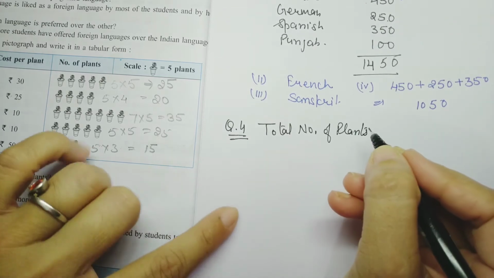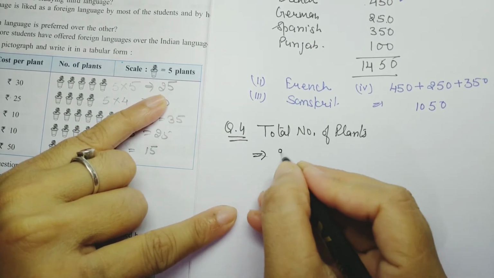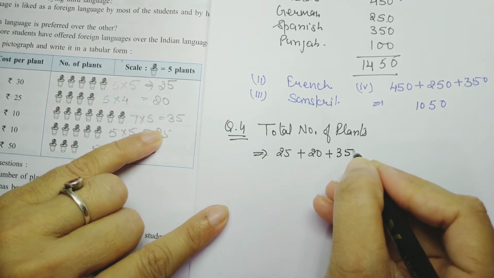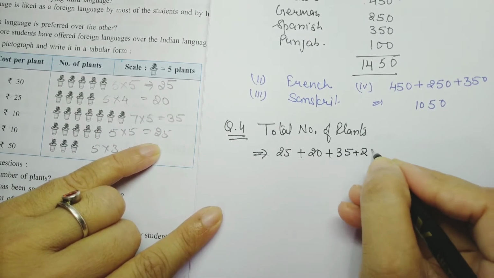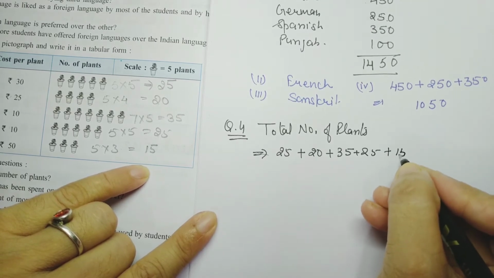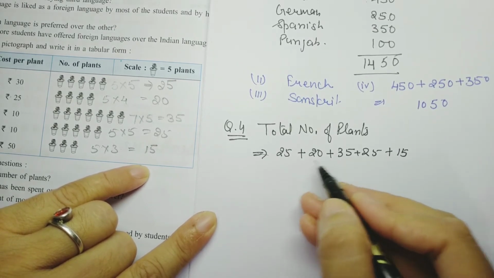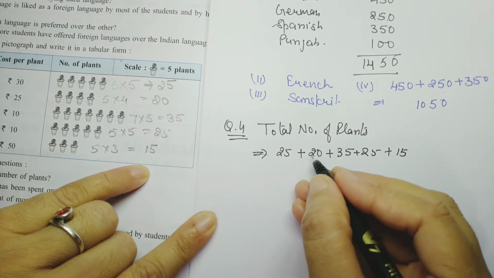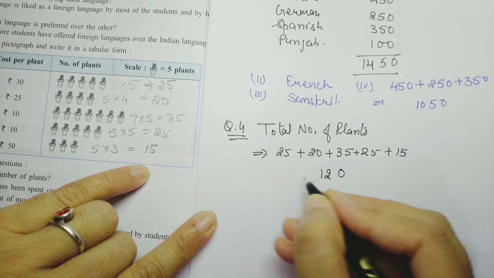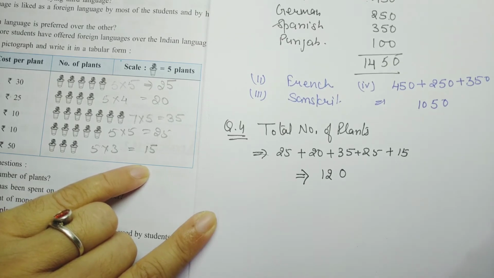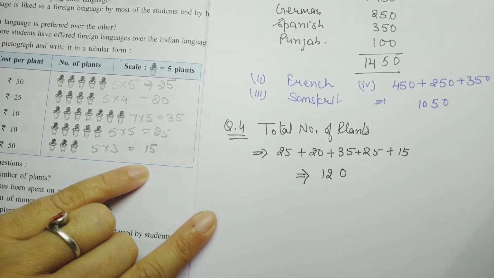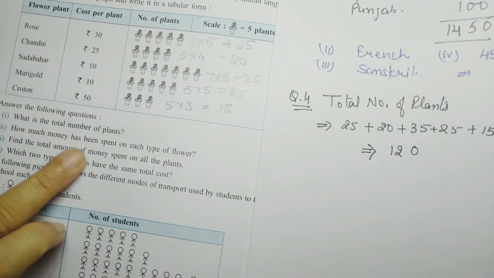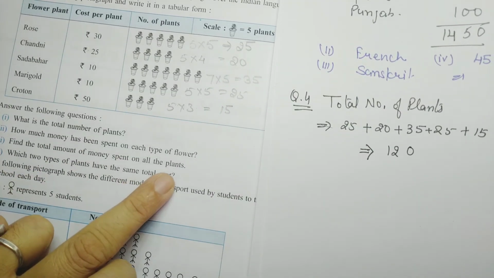Whatever numbers we have found, first is 25 plus 20 plus 35 plus 25 and at the end plus 15. So 5, 10, 15, 20, 2, 3, 4, 5, 6, 7, 8, 9, 10, 11, 12. So the total plants is 120.